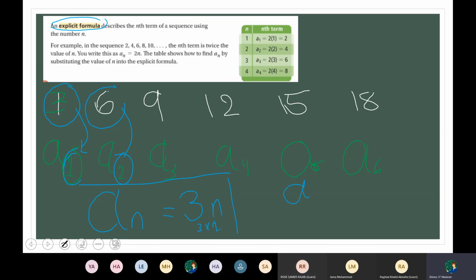If I ask you to find the fifth term using this formula, a sub n is 3n. For a5, I will say 3 times 5, which is 15, as we have here. This one we call an explicit formula. I will repeat: here, there's a relationship between the number of the term and the number in the sequence.